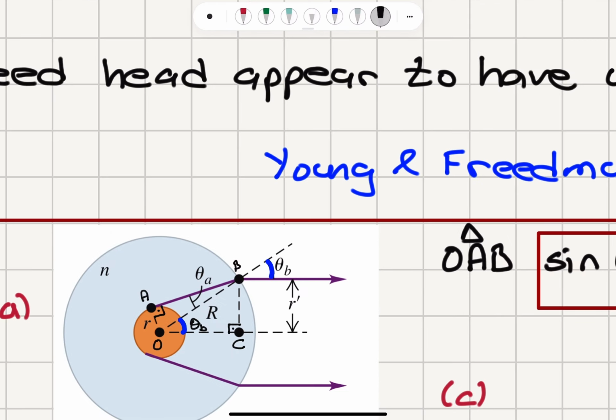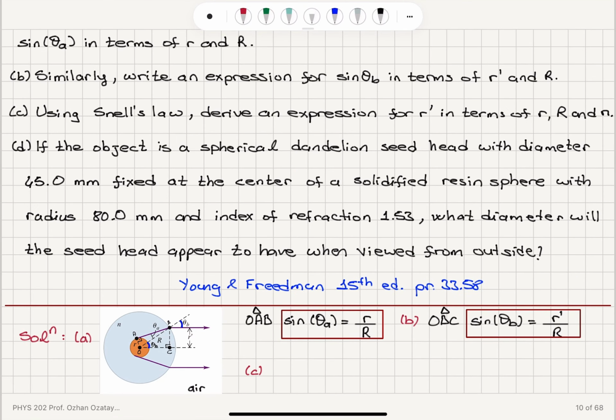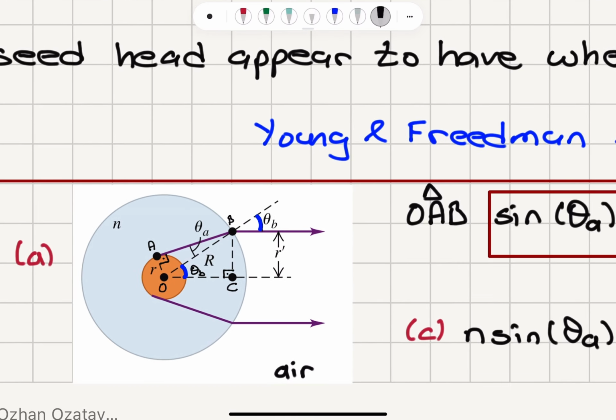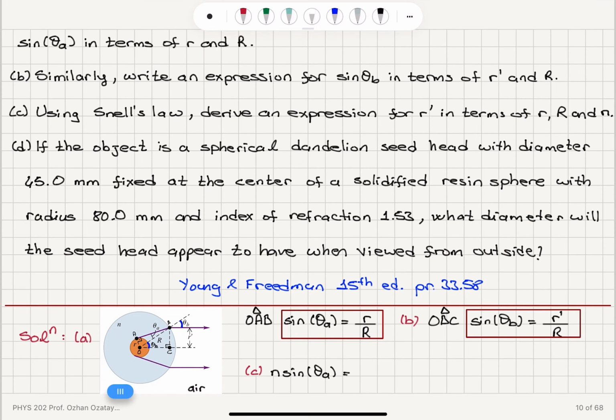Now, if I look at the angle of incidence for this beam with respect to the normal to the surface, that is theta A, and the angle of refraction is theta B. So we have n sine theta A, Snell's law, is equal to, because the outside is air, the index of refraction we can take to be 1, sine theta sub B. That's basically Snell's law of refraction.